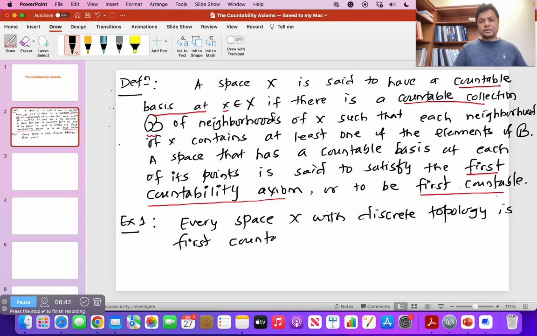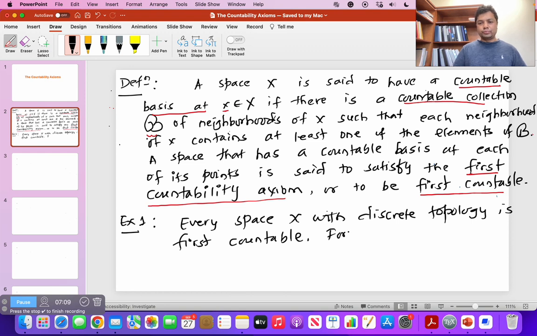So if we consider any topological space X with discrete topology, then that space is first countable. This is quite obvious. If X is first countable, then by definition it has to have a countable basis at each point in this space X.